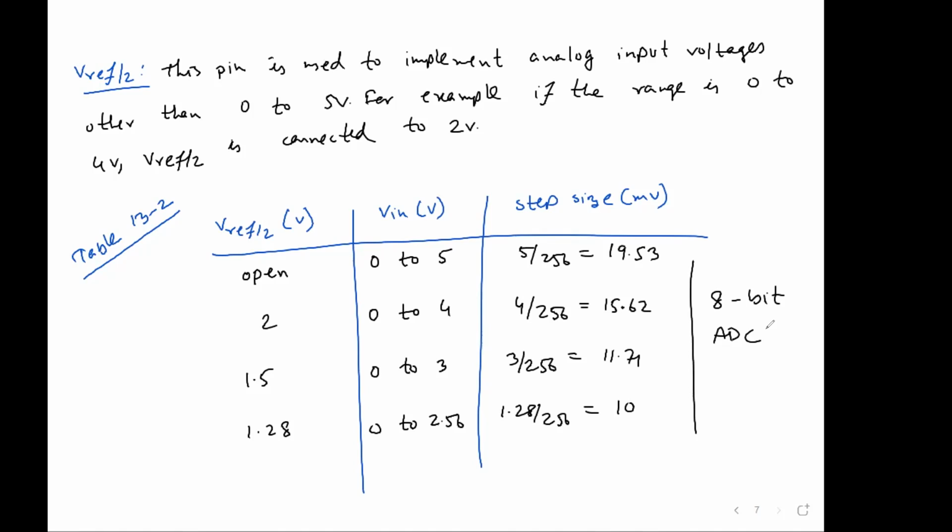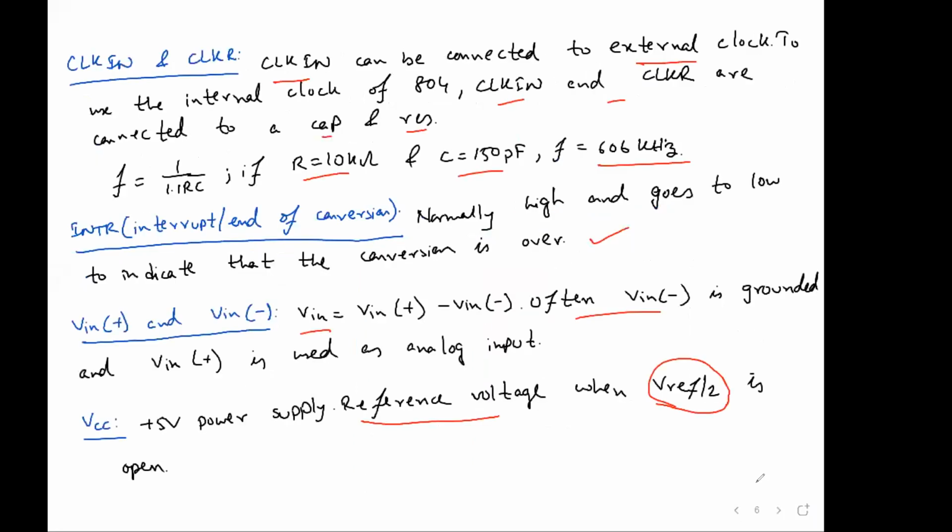So you told something about Vref in the previous slide. Yeah. In this slide, I said that VCC will act as the reference voltage. Is this what you are asking? Yes, sir. So this is a different case. This is VCC. So if Vref by 2 is connected, then that will decide your reference voltage. Okay, sir.